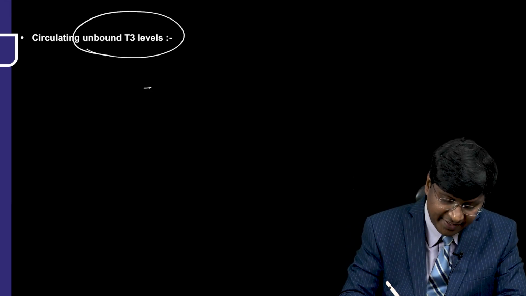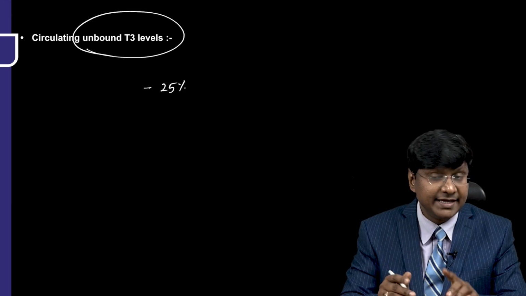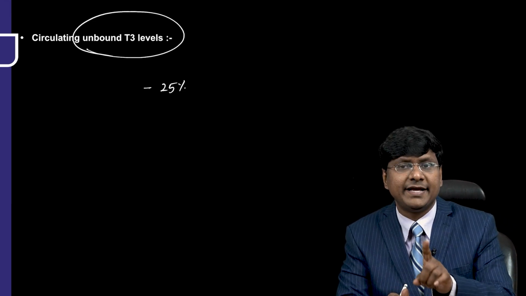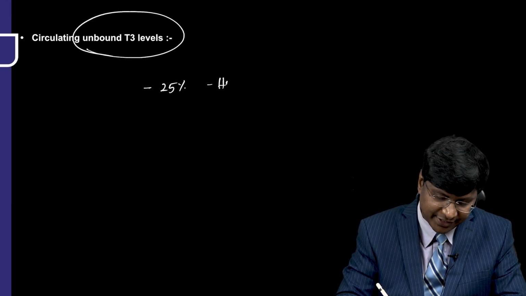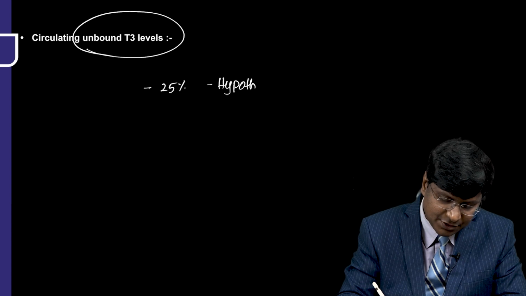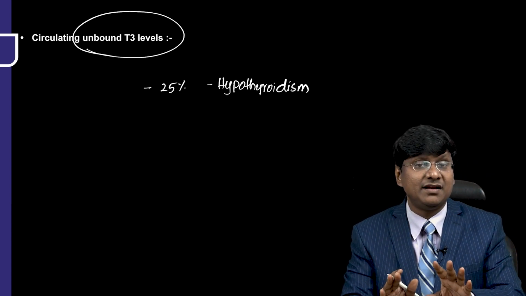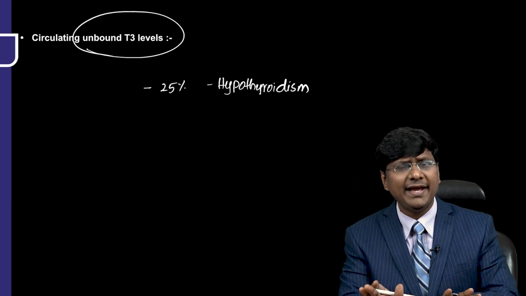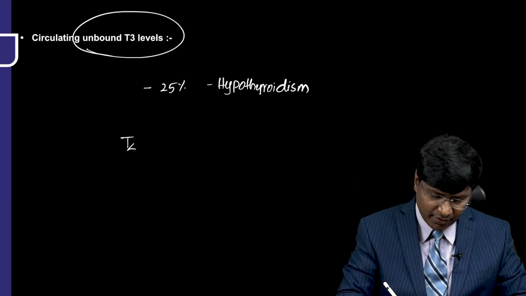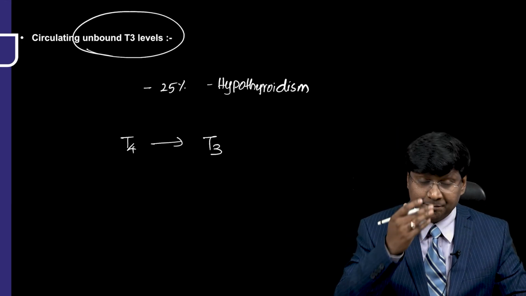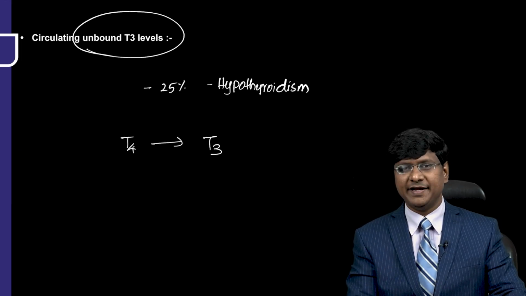Remember, the free T3 levels are normal in almost 25% of patients with hypothyroidism. In spite of the presence of hypothyroidism, the free T3 levels may be normal. Why? Because T4 is being converted into T3 in the severe forms of hypothyroidism.